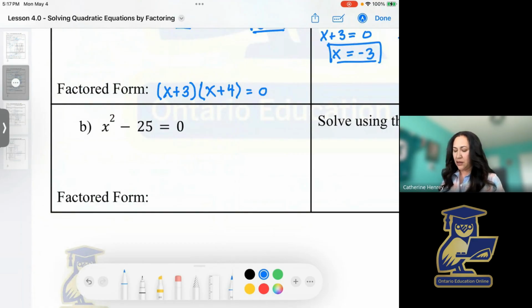All right, we're going to take a look at x squared minus 25 equals 0. And if we want to factor this, hopefully you remember something from our factoring unit. This happens to be a special factoring case that we call the difference of squares.